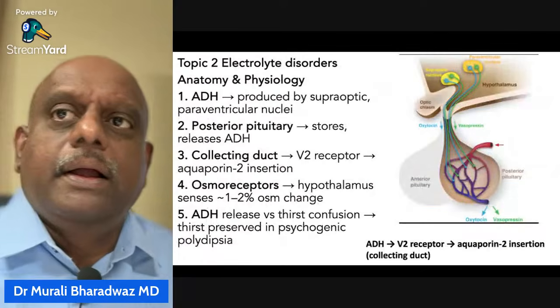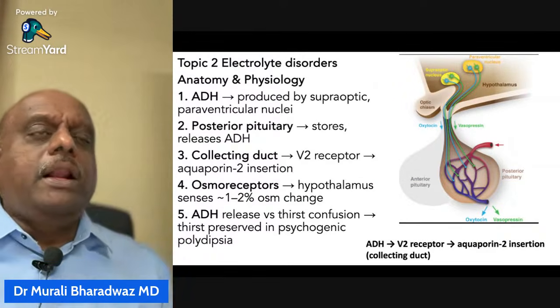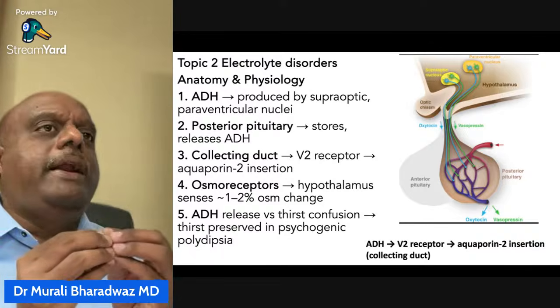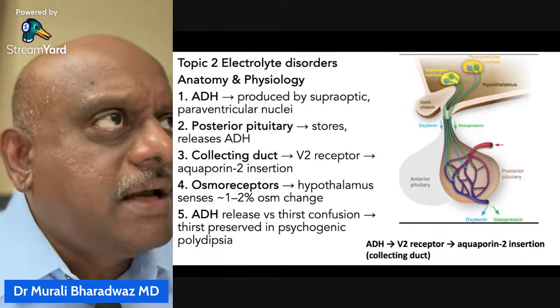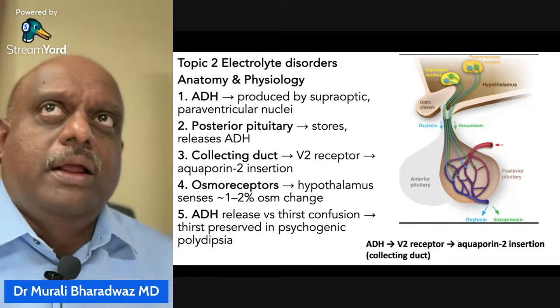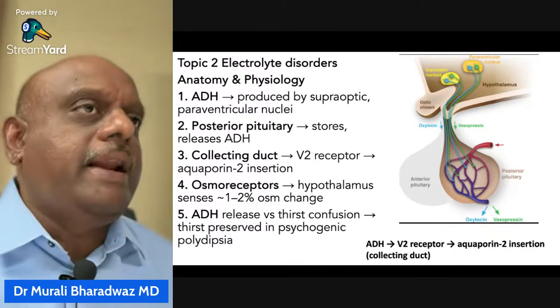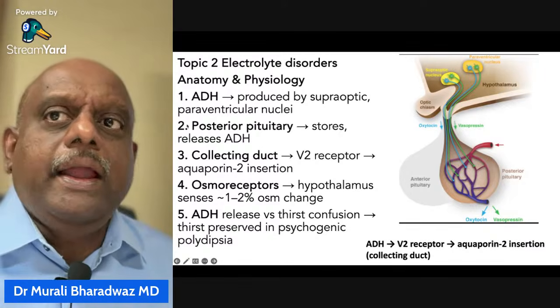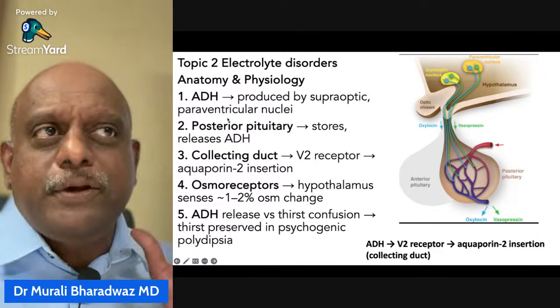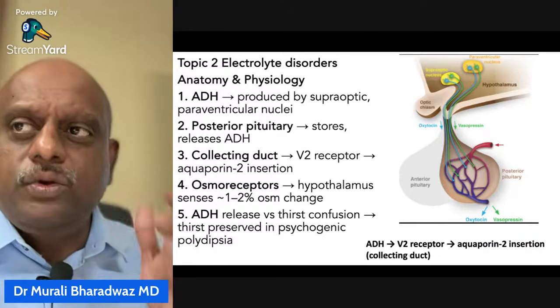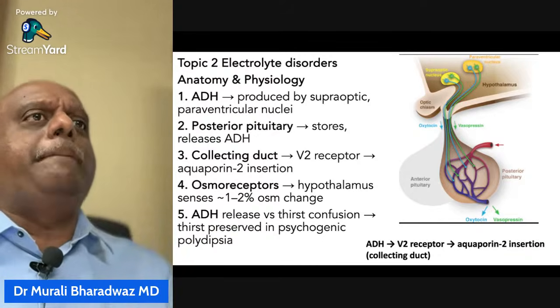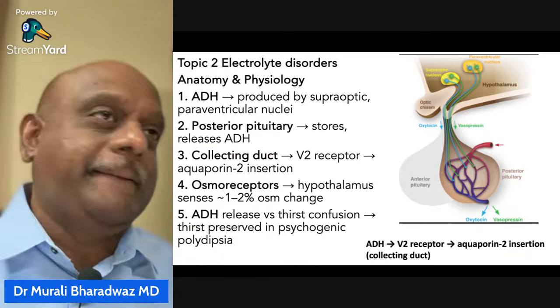So now, quickly, few points in electrolyte disorders. Often the examiner wants you to know the high facts on the basic innate physiology. ADH is produced not in the pituitary, it is only stored. It is originally produced in the supraoptic and paraventricular nuclei.